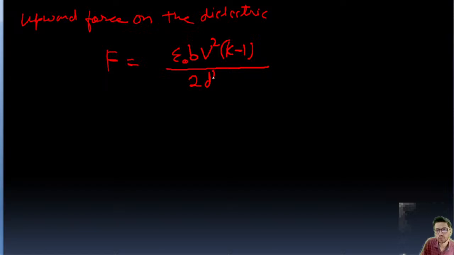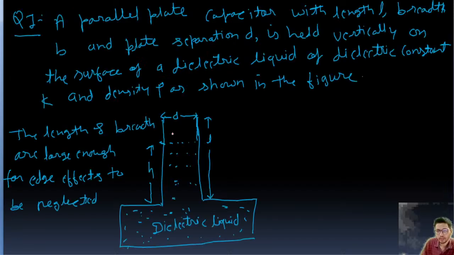Where epsilon 0 is permittivity, B is the breadth of the rectangular plate, and D is the separation between these plates. In a capacitor, D is the separation, and V is the voltage at these two plates of the capacitor, and K is the dielectric constant.